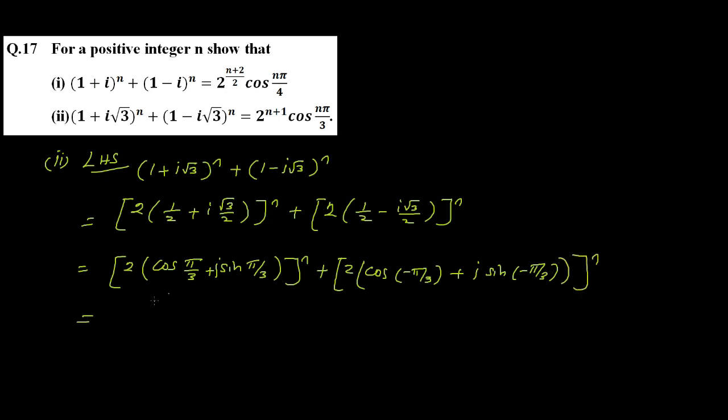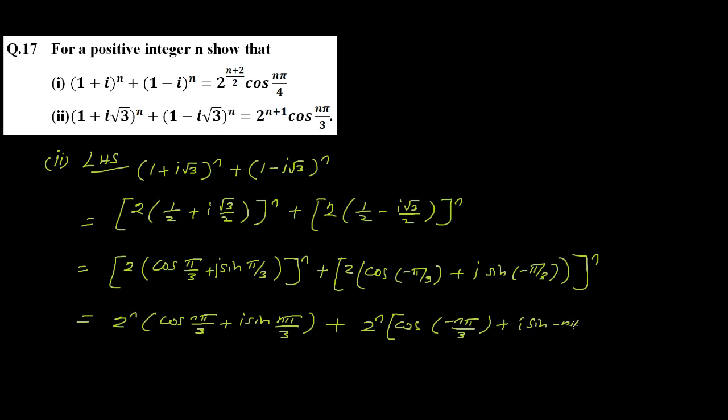So by applying de Moivre's theorem, this can be written as 2 to the power n (cos n pi by 3 + i sin n pi by 3) plus 2 to the power n (cos of minus n pi by 3 + i sin of minus n pi by 3).